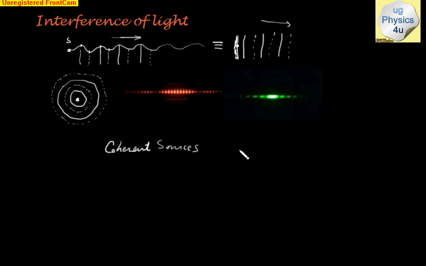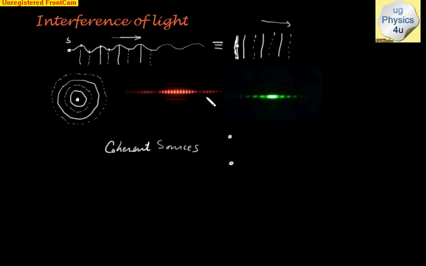Coherent sources mean two sources of light which emit light of the same wavelength and same phase.